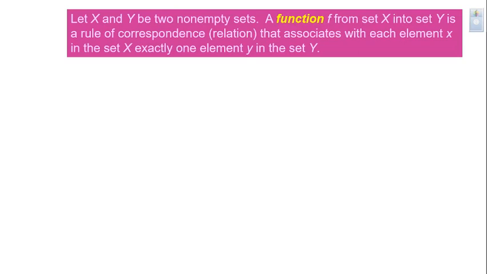A function, let's call it f, from set X into set Y means f takes things from X and links them to things in set Y. It is a rule of correspondence, also known as a relation, that associates with each element x in set X exactly one element y in set Y. That means each element in set X links up with only one element in set Y.